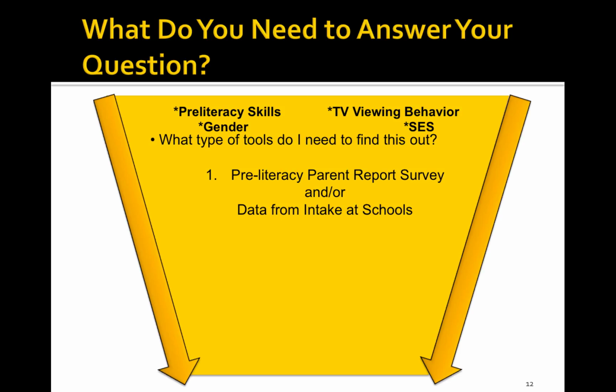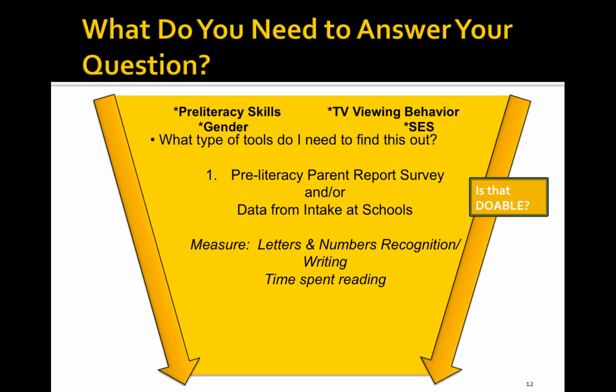I could also go and ask the schools for any data that they collected upon intake. A lot of schools will evaluate their entering kindergartners and see where they are on the spectrum of pre-literacy skills. Is that doable?